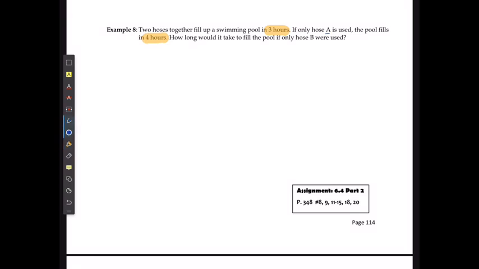So in this case, I know what the time working together is. I know it's going to be 3. So I can put the time working together on the top as 3, to complete the one job. I know hose A takes 4 hours, so this is going to be 3 over 4. I don't know how long hose B takes to do it itself.